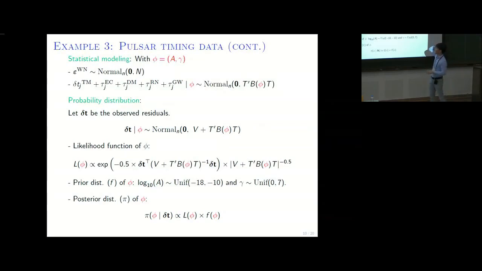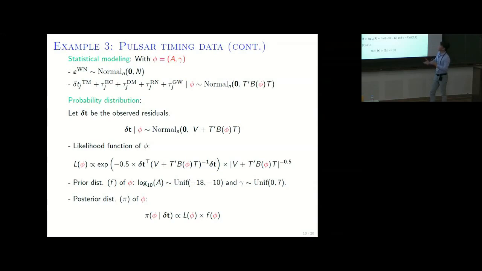Based on his model, we can derive the probability distribution of the observed residuals. Residuals follow a Gaussian distribution with some variance component from white noise and other variance components from the other factors. This matrix T is quite complicated, and B is also quite complicated because it uses some physical details of these factors.